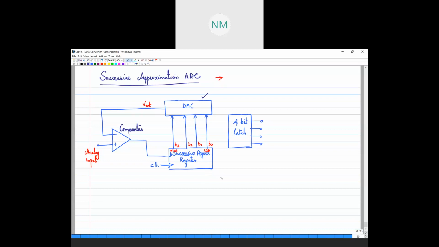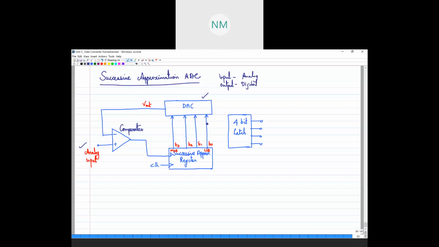Apart from this, you have a 4-bit latch, and this is basically to get the final output. Since it's an ADC, your input is analog. This analog input will be given to the comparator, and the output from this ADC is digital, right?